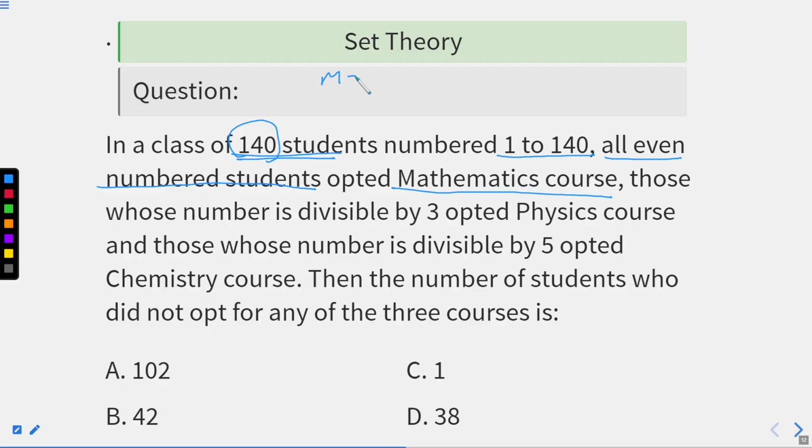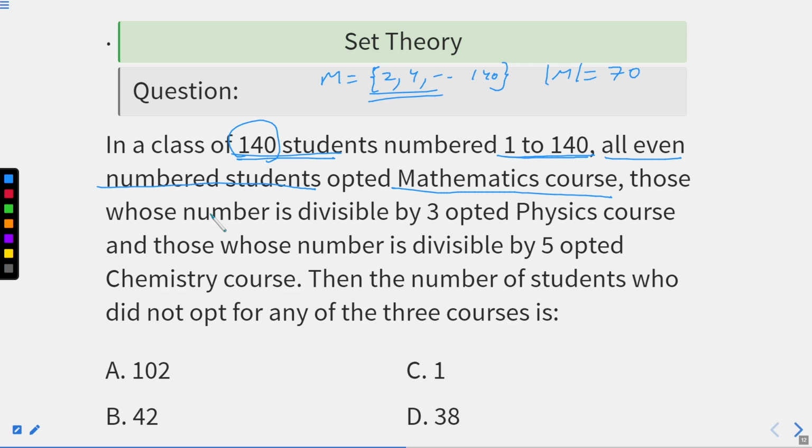The students whose roll numbers are 2, 4 till 140 opted for mathematics, and the cardinality of this set is 70, because there are 70 even numbers from 1 to 140.